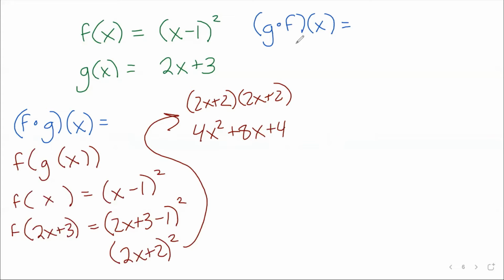And let's do the same thing with g of f of x. So again, first, I'm just going to rewrite it as g of f of x, and I'll follow that same pattern that I've used. I know how g of x is defined. It's defined as 2x plus 3.